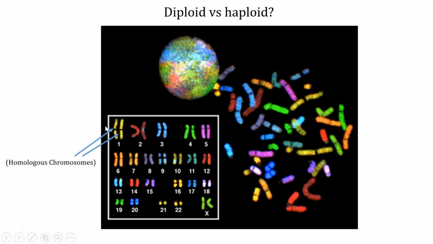Well, what we call these things are homologous chromosomes or homologous pairs. So chromosome number 1, maybe, let's say, the one that came from dad, and the other one is the one that came from mom. Now, these 2 homologous chromosomes are not identical, because your dad's DNA is not going to be identical to your mom's DNA.